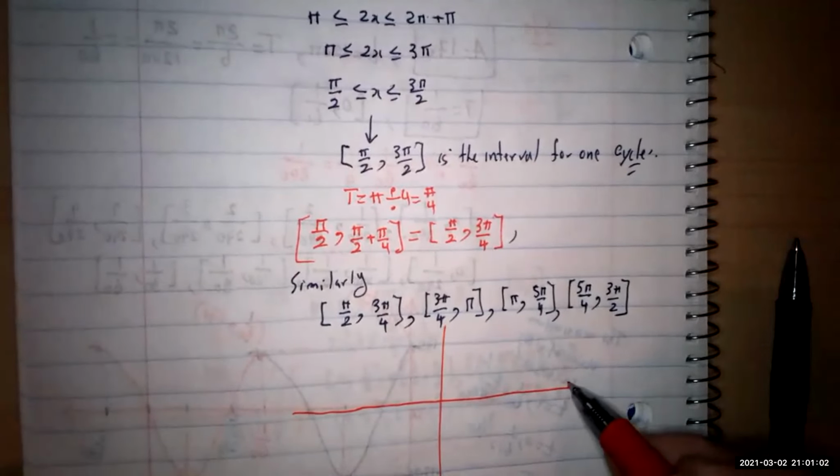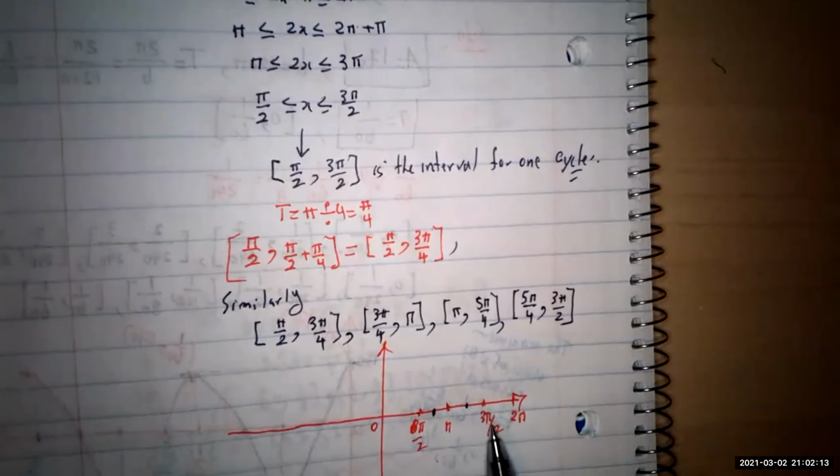What you have to do is divide between pi half and 3 pi half into 4 parts. Each part is pi 4. So that's pi half, that's 3 pi 4, that's pi, and that's 5 pi 4, and we get to 3 pi half over here.